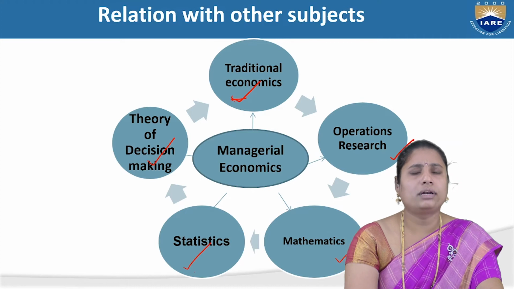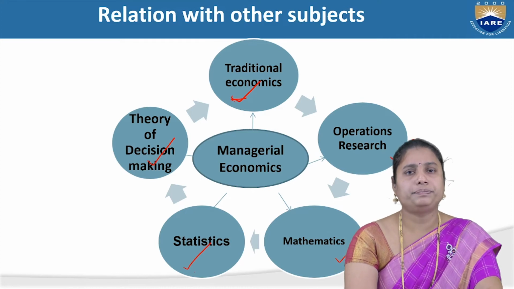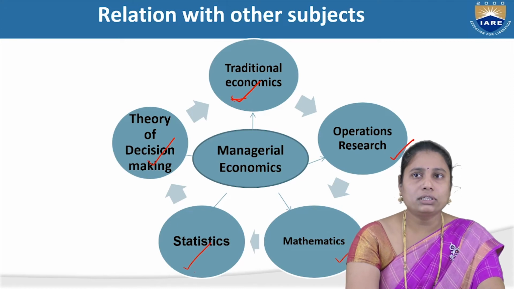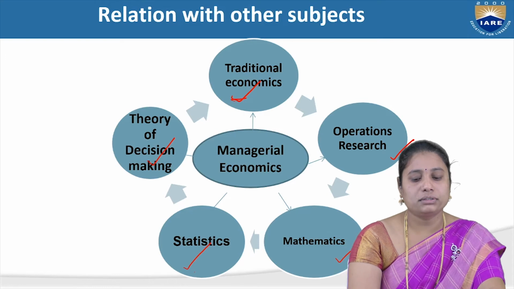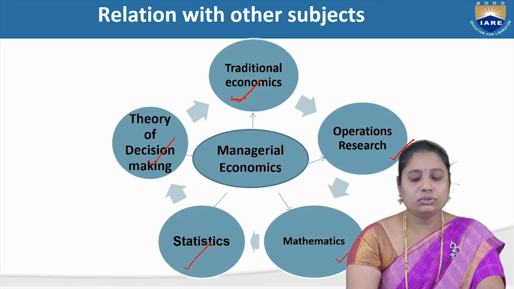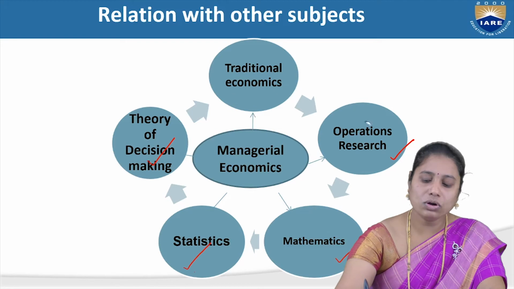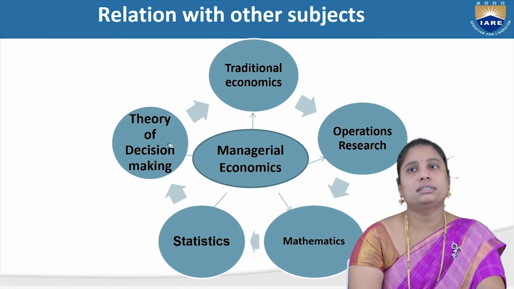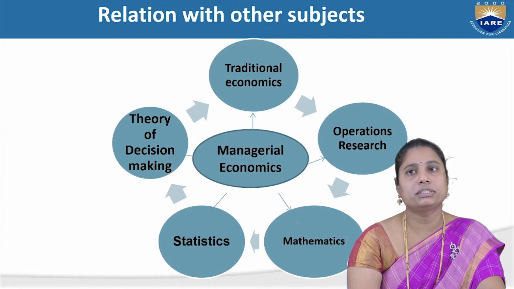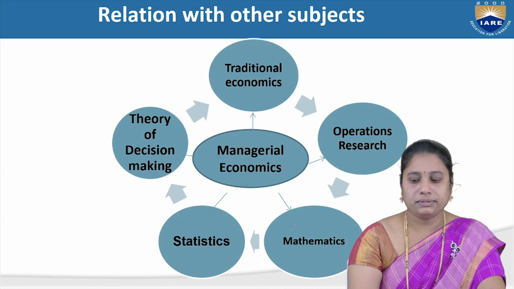Not only this, financial knowledge, human resources knowledge, and marketing knowledge are also interrelated with managerial economics. If a manager has knowledge of all the subjects, then only can he take better decisions. That is the relationship of managerial economics with other subjects.